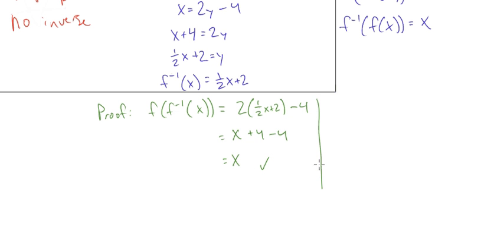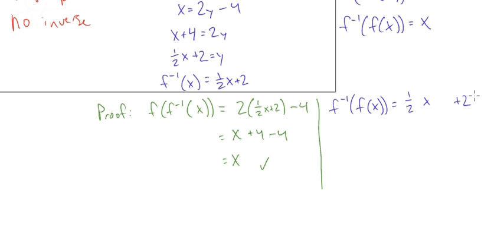Now we've got to make sure that it works for the other one as well. So let's go with f inverse of f of x. And we're going to need to get x back out again as our output for f inverse. So first off, f inverse was 1 half x plus 2.